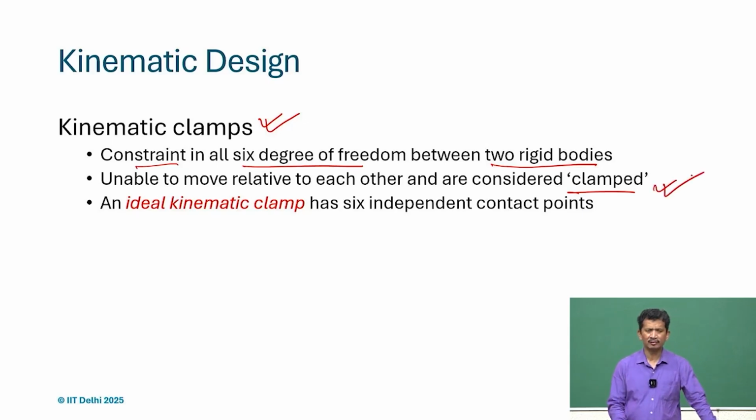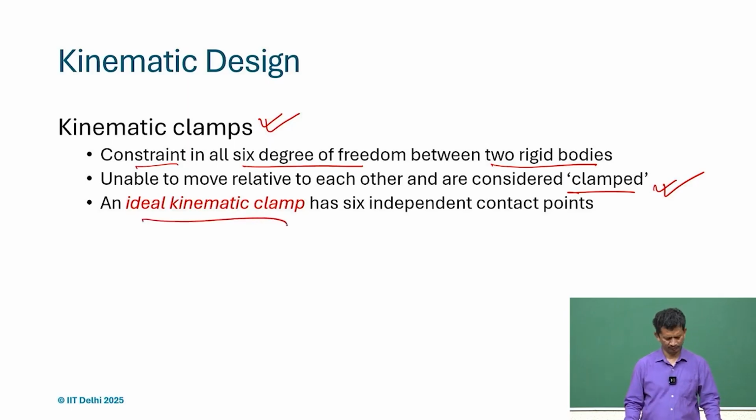Many times in the literature we see the term kinematic clamp, and wherever it is used, it means there is no relative motion, and an ideal kinematic clamp has 6 independent contact points.